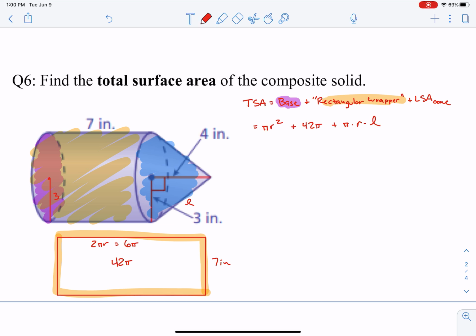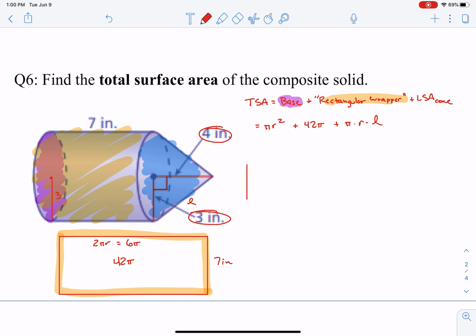We don't have that right away, but fortunately, we're given a lot of parts of this cone. We know the radius is 3 inches. We also know the height of that cone is 4. And if you want to draw that triangle separately, it is a right triangle, and you've got 3 here, 4 here, and we need to figure out L.